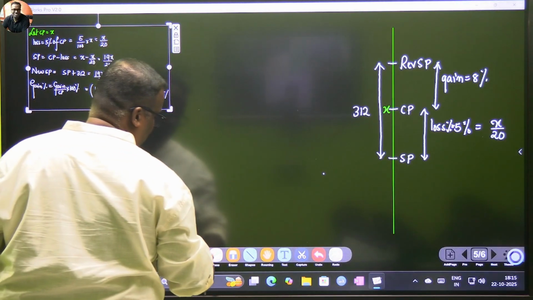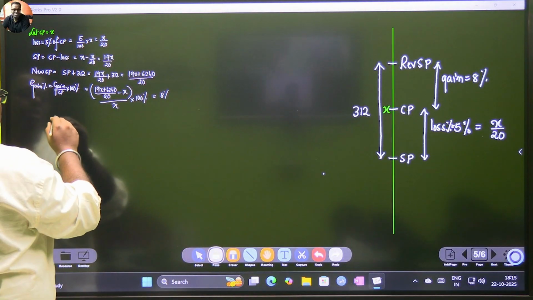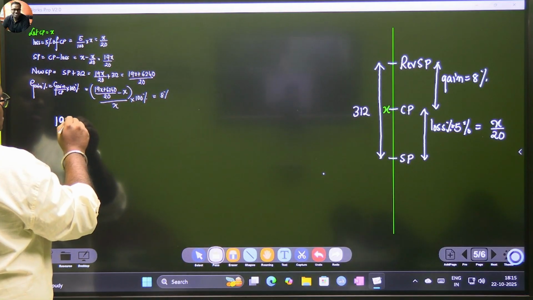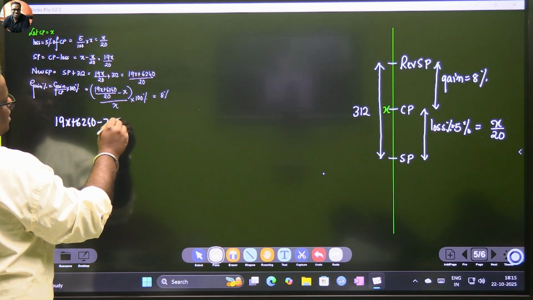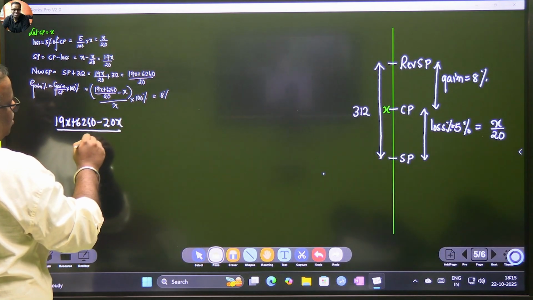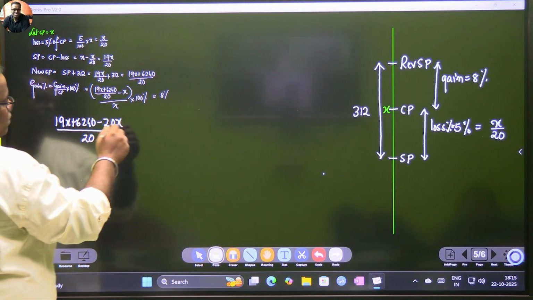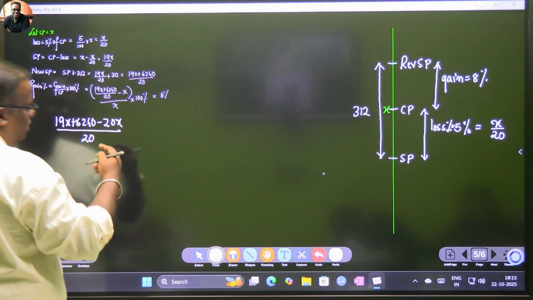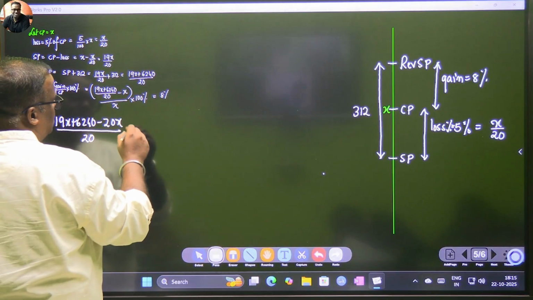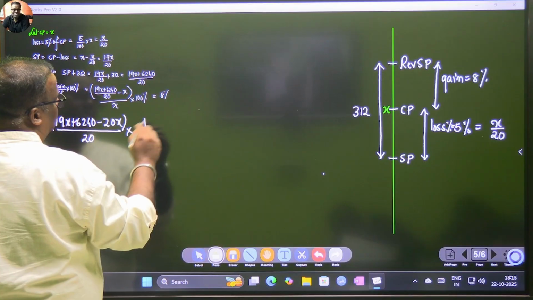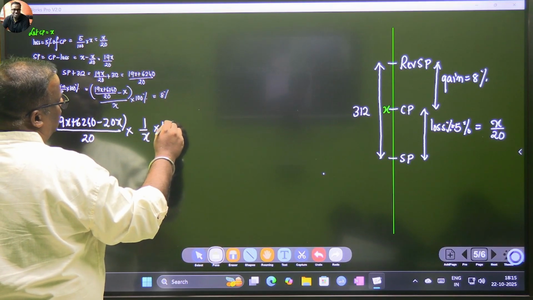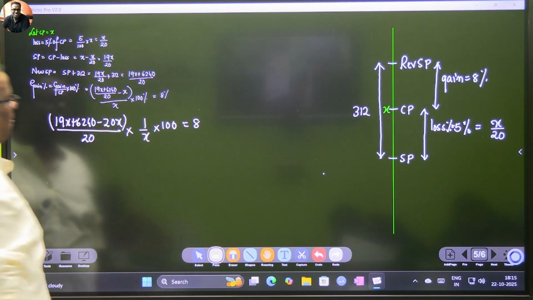So let's see this calculation. This will become 19x plus 6240 minus 20x, divided by 20. The whole thing is again divided by x, which means into 1 upon x, into 100 is equal to 8.